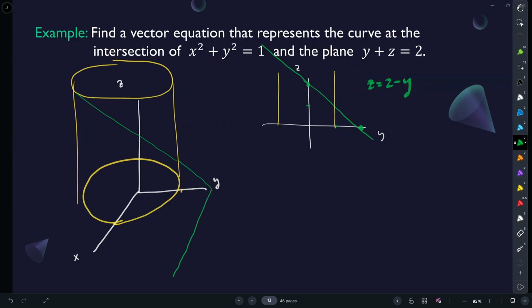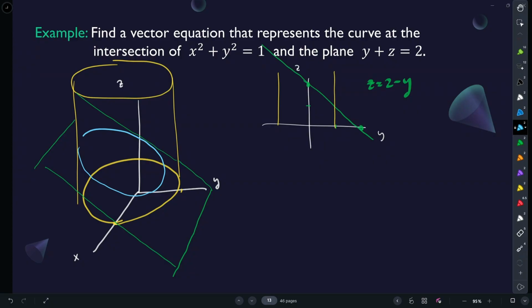So if you go along parallel to the x-axis, that is also in the plane. So if I just complete my drawing like that, then what I see is that the intersection is going to be something like this. It's going to be like a circle or maybe an ellipse, depending on what the angle is for the plane. The cross section will be elliptical instead of a circle.